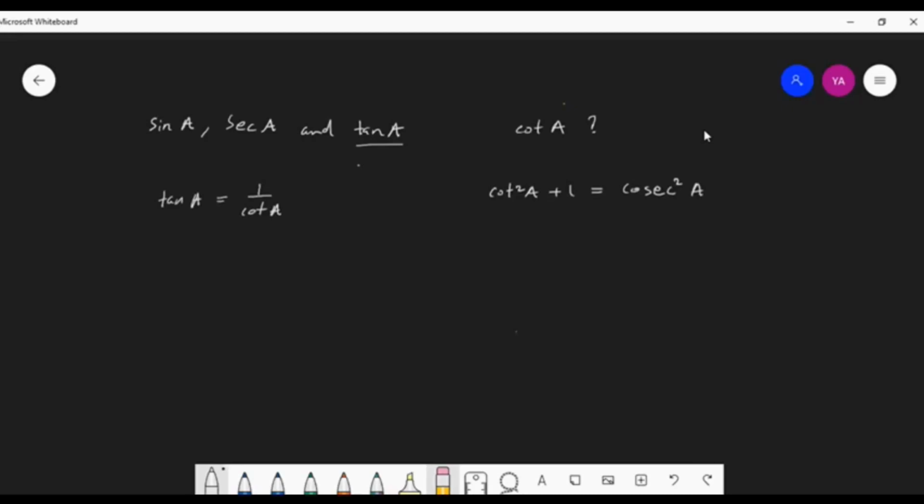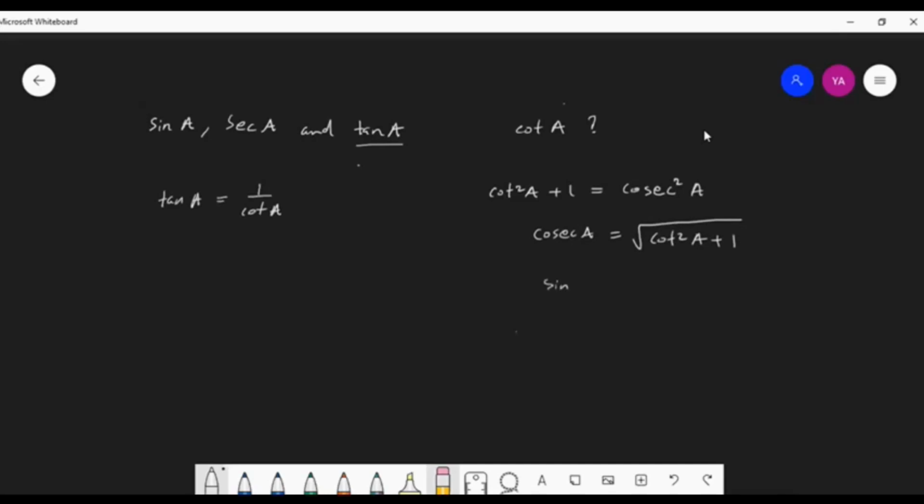So how will cosec A be here? Take the square root to the left. So you'll get cosec A is equal to square root of cot square A plus 1. So if cosec A is this, then what will be sin A?